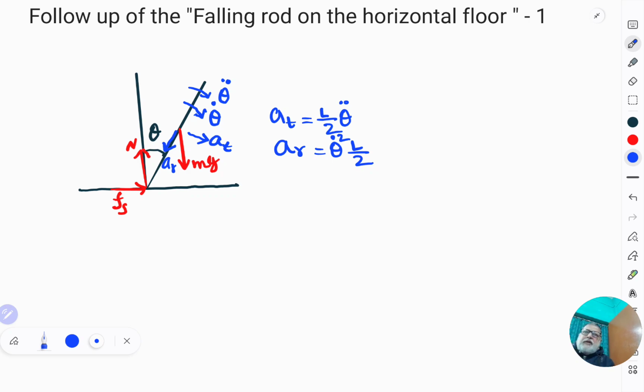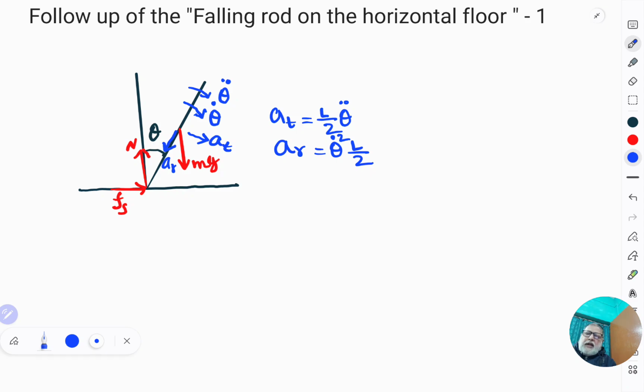That means it has a tendency to slip horizontally, and that must be due to some external horizontal force. But we find no horizontal force here. The only forces other than friction are vertical.